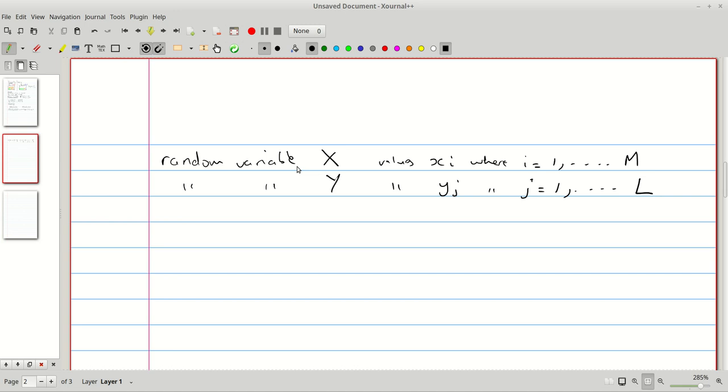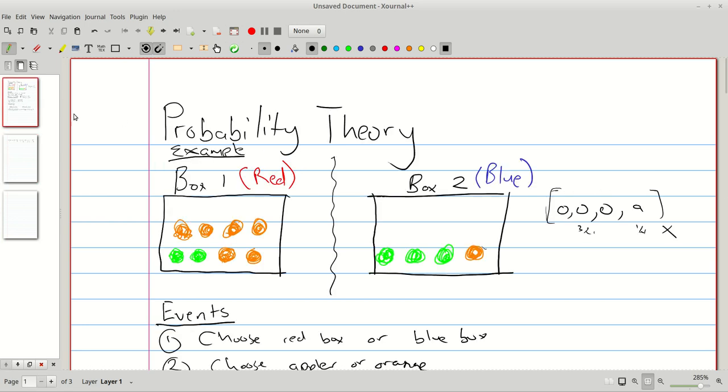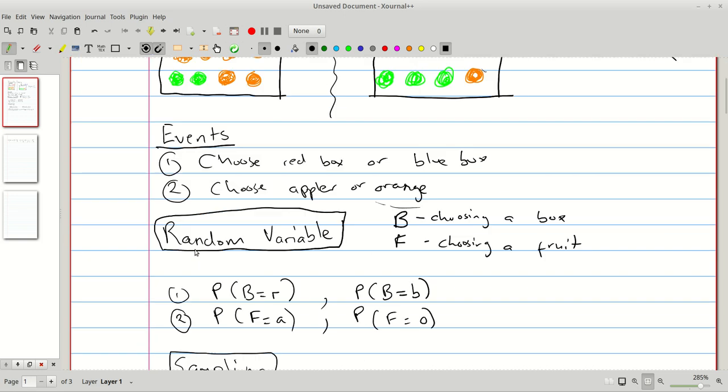One thing you might think of, if someone asks you, what's the probability of choosing box red and choosing an apple, right? Box red and apple.